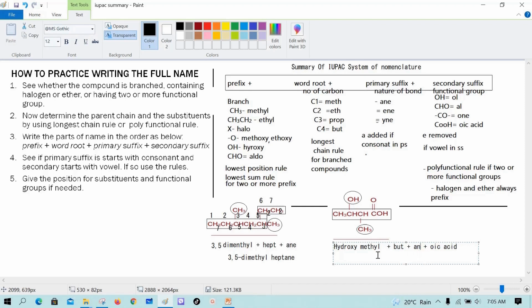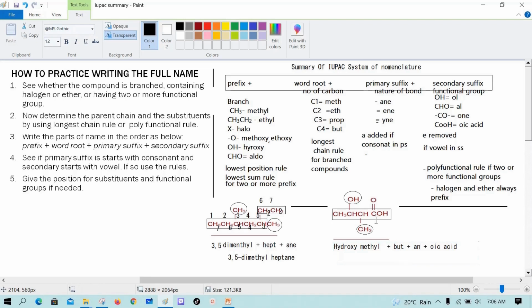Now we need to provide the positions of the substituents, and for this we need to follow the lowest sum rule. Counting the carbons starts from this end, because this is the principal functional group, and the principal functional group should get the lowest number.